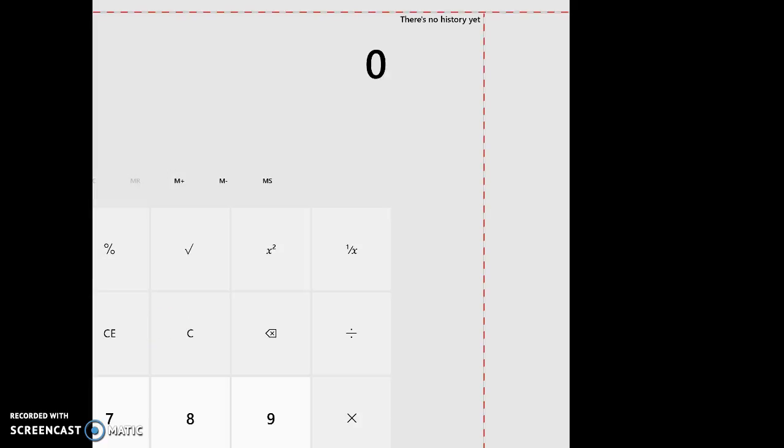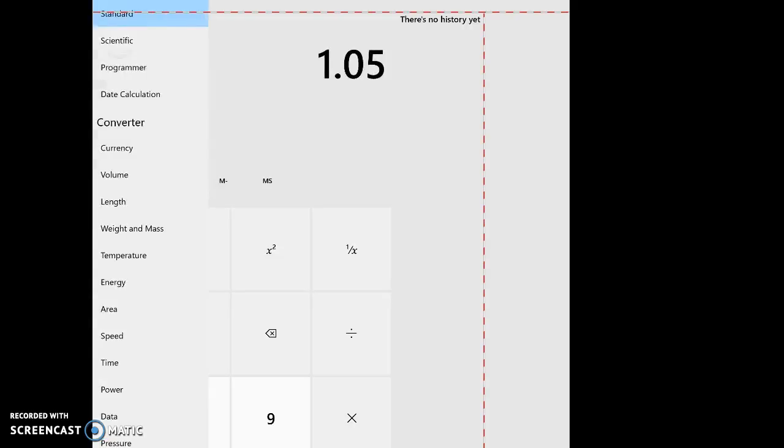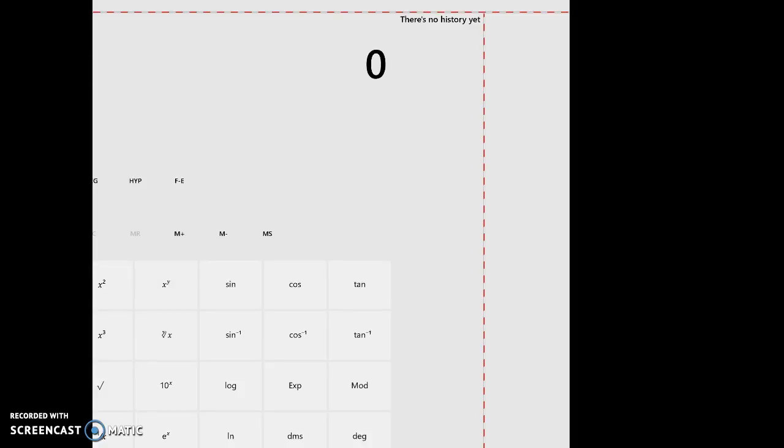So I should have a calculator app up for us. All right, hopefully you can see all this. So I'm going to have 1.05 and I'm going to raise it. Oh dear. I need my other calculator. I need a scientific calculator. So I'm going to have 1.05 and I need to raise it. So I'll take x to the y. I need to raise it to the 6th power.